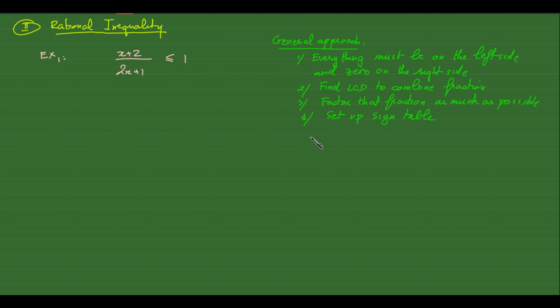Then the last step is you look at the inequality. If the inequality is greater than, then we have to look for the positive side of the table.